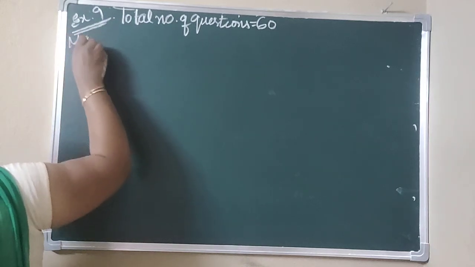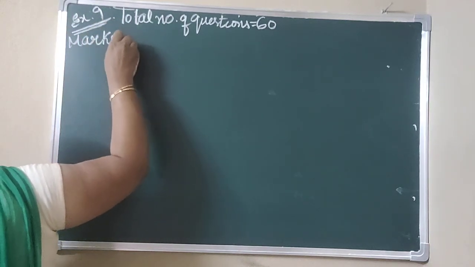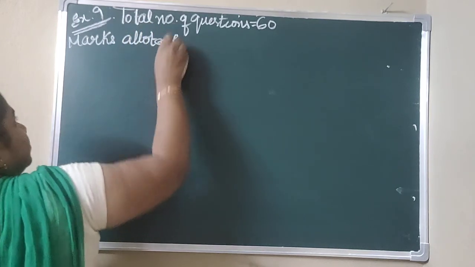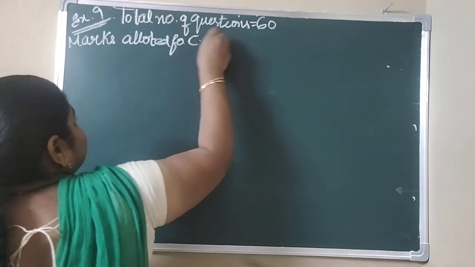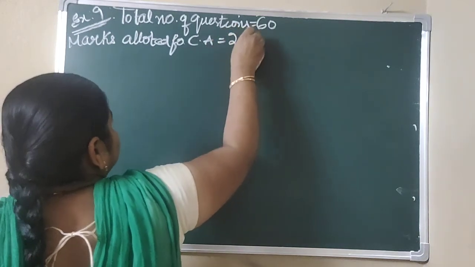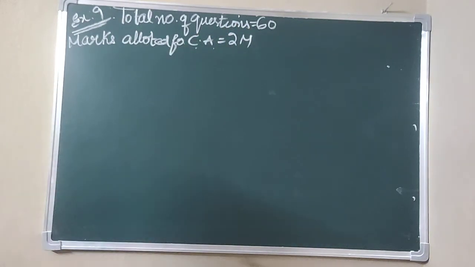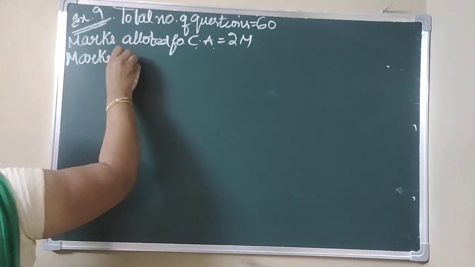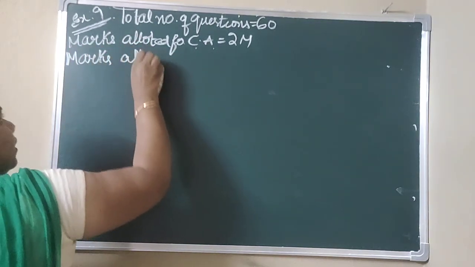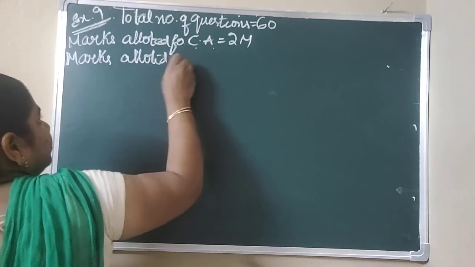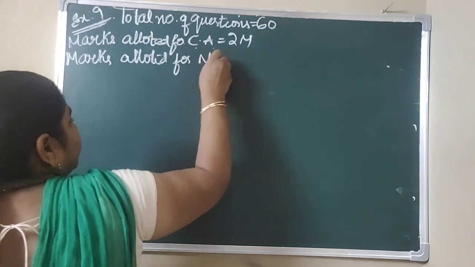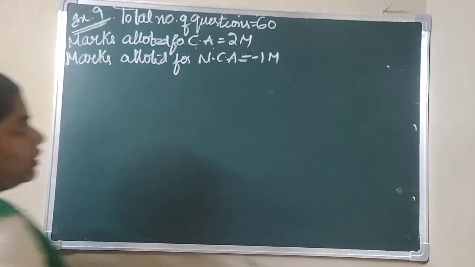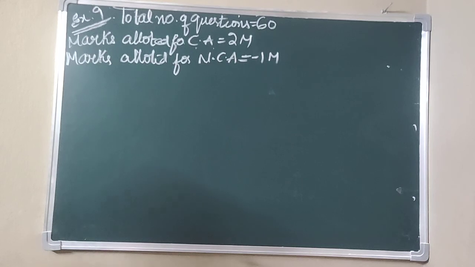So marks allotted for correct answers is 2 marks. CA is nothing but correct answer, and marks allotted for an incorrect answer is -1. So for every incorrect answer they are deducting 1 mark.